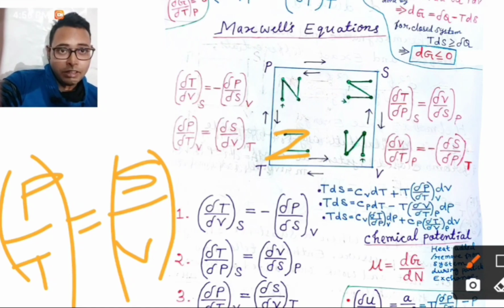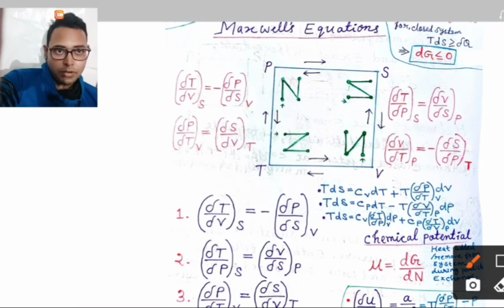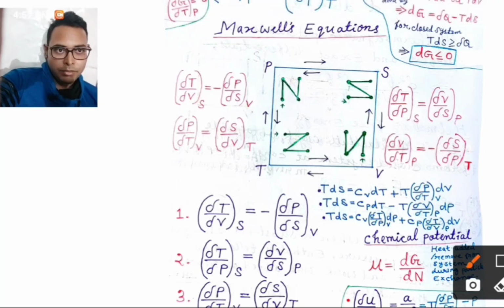V T, right? V and T. Okay, in the clockwise direction, like T P S V, it will be a negative sign. Okay, in the clockwise direction it will be negative, and in the anti-clockwise direction it will be positive.